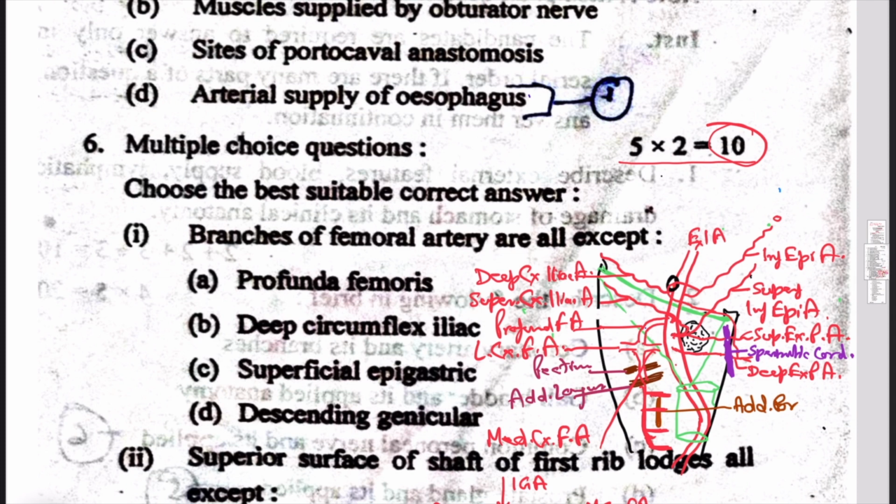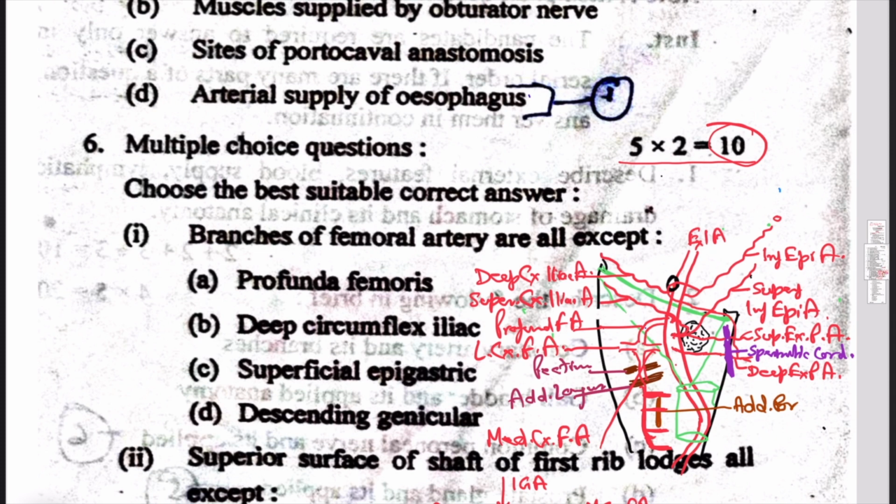And remember now the first perforator. I told you about this first perforator running above adductor brevis. Now this is the ascending branch of first perforator, right? Of profunda femoral artery.